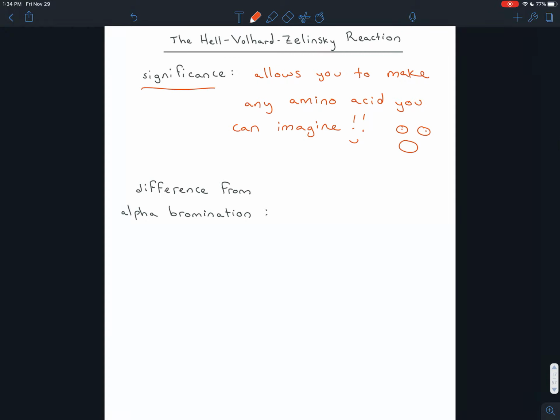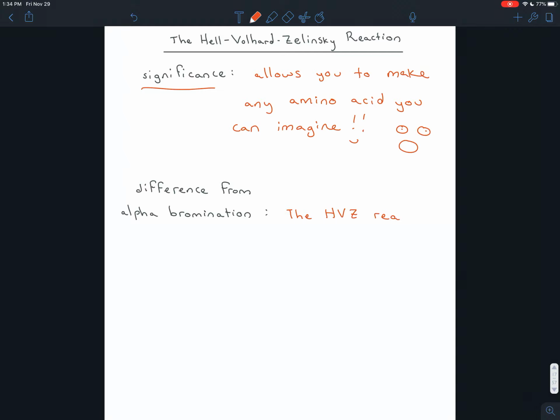Really, the Hell-Volhard-Zelinsky reaction is almost the same thing as alpha bromination. The difference is that it adds, and here I'll say the HVZ, that's sometimes how it's abbreviated, the Hell-Volhard-Zelinsky reaction.